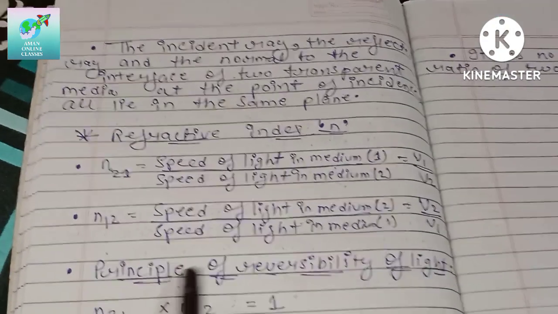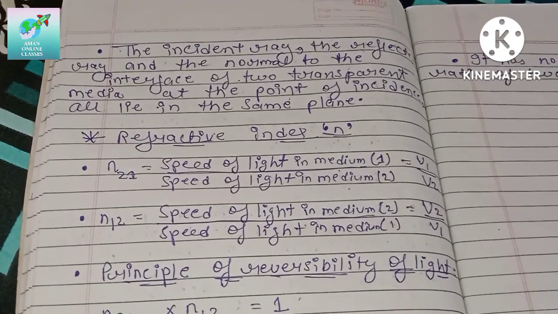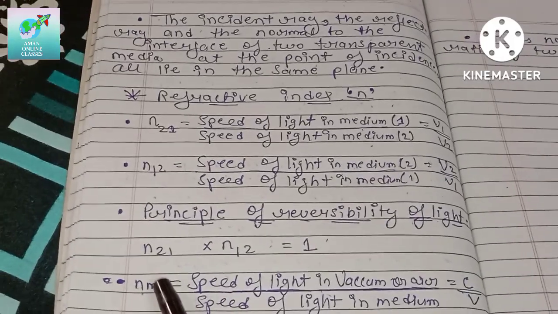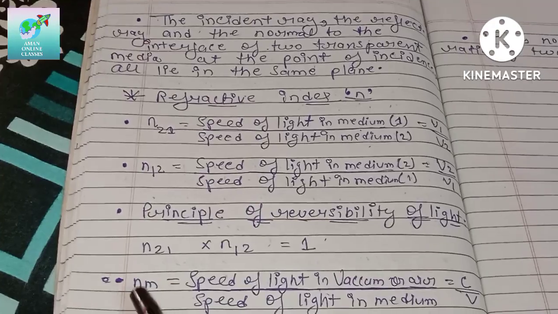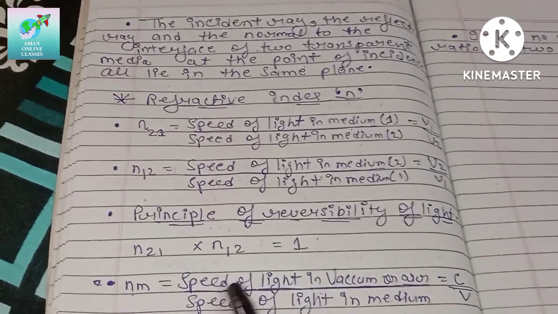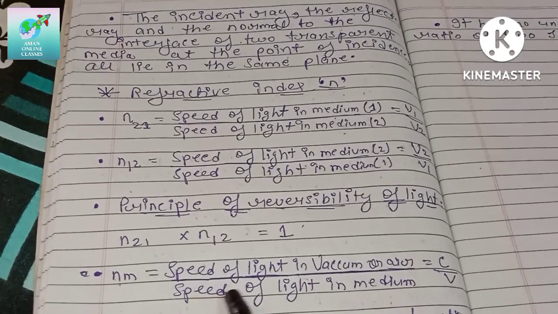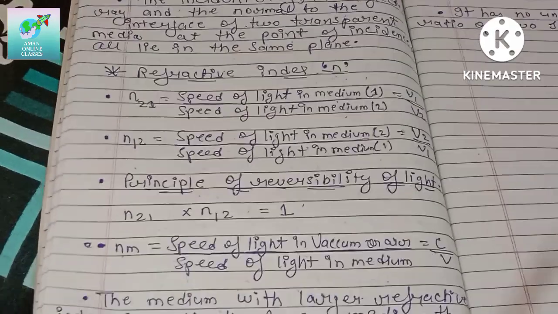Point number 3, the principle of reversibility of light: n21 into n12 is equal to 1. Point number 4: n of a medium is the speed of light in vacuum or air by the speed of light in the medium, that is c by v.